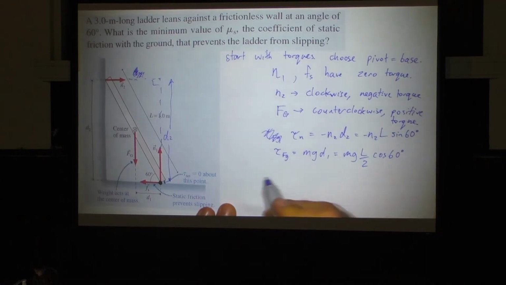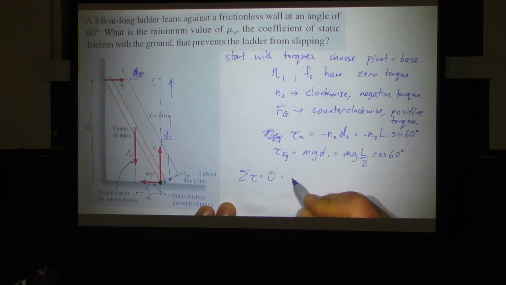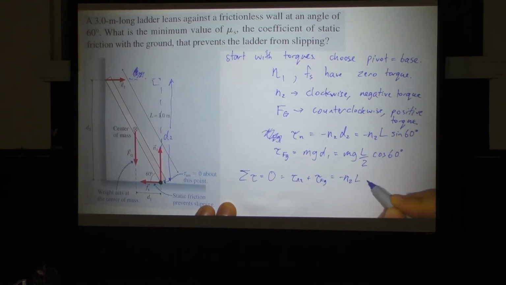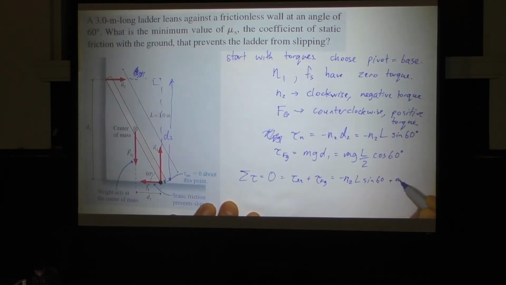And so the sum of all the torques, the net torque, which is going to be equal to 0, is the torque due to N2 plus the torque due to the gravity force, which is negative N2 times L sine 60 plus mg L over 2 times cos 60.